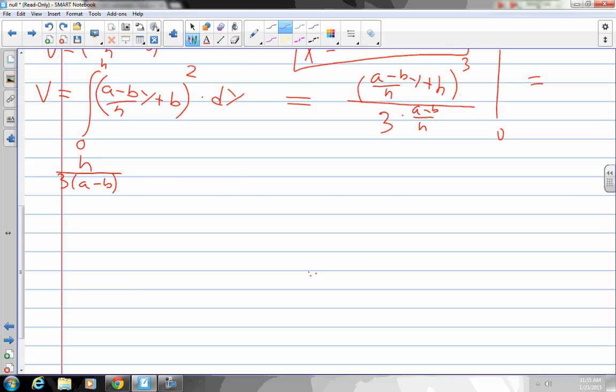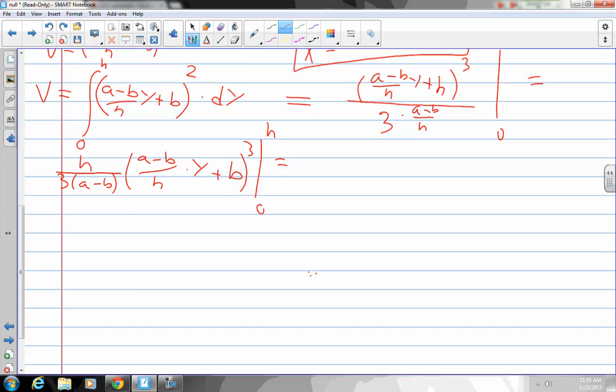Is that right? If you just flip everything, and then it's a minus b over h times y plus b, cubed, valued from 0 to h. All right, let's plug it in. Am I correct? I think so. Yeah, close enough. Yeah, it is right.